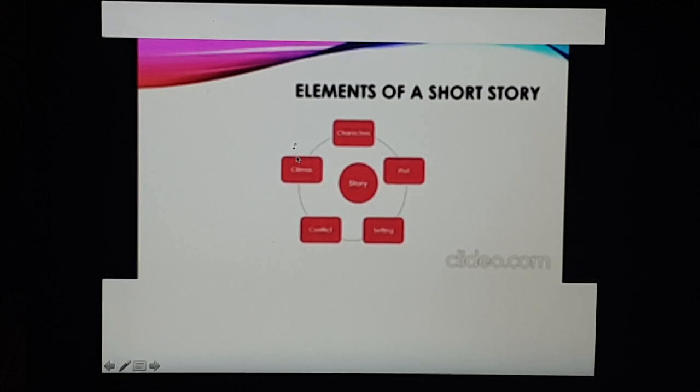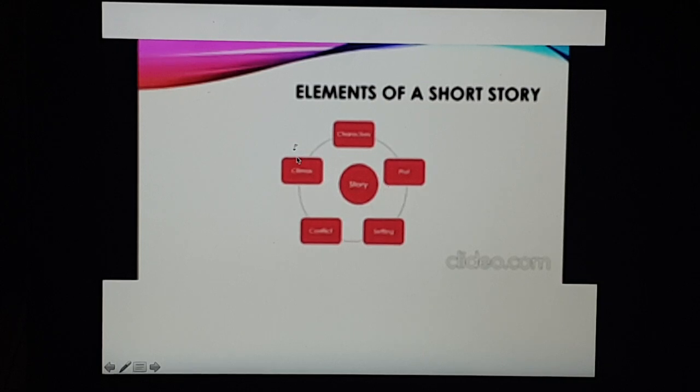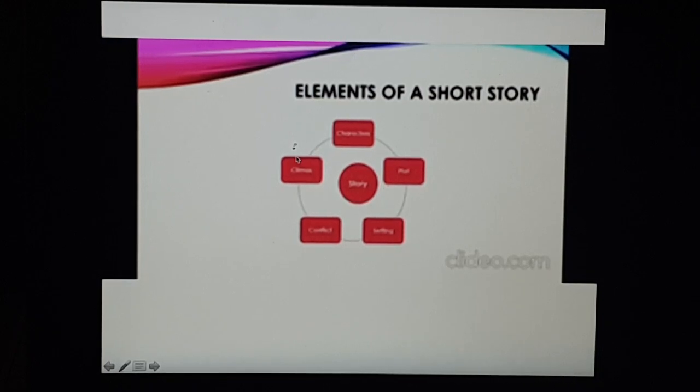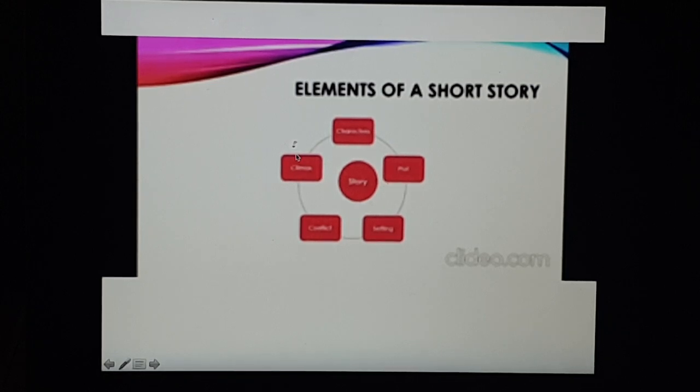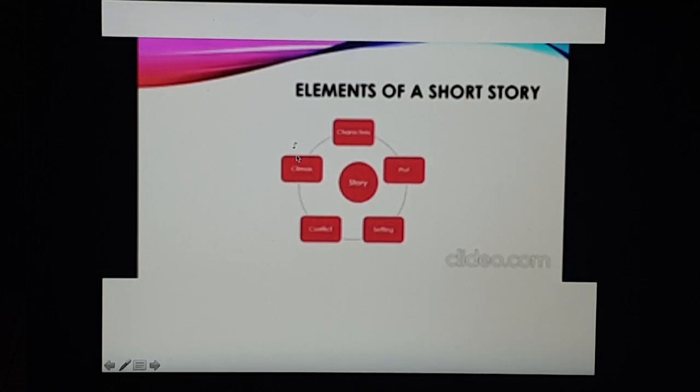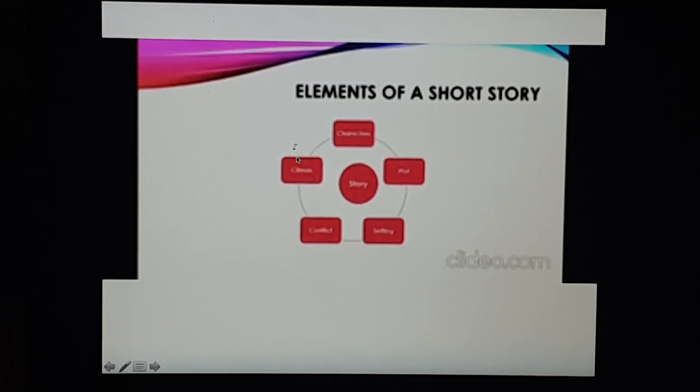So that brings on the climax, and there can be ambiguity. The ending of the story can be ambiguous. Ambiguity is something we are expecting, but that does not happen. The writer or the storyteller leaves it to the imagination of the reader or the listener what the ending of the story should be, how the story should have ended.